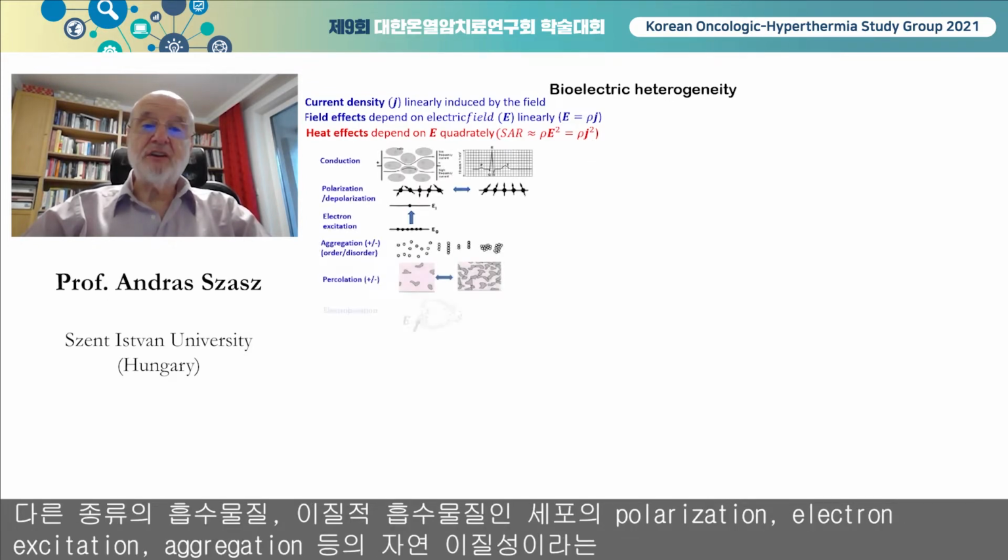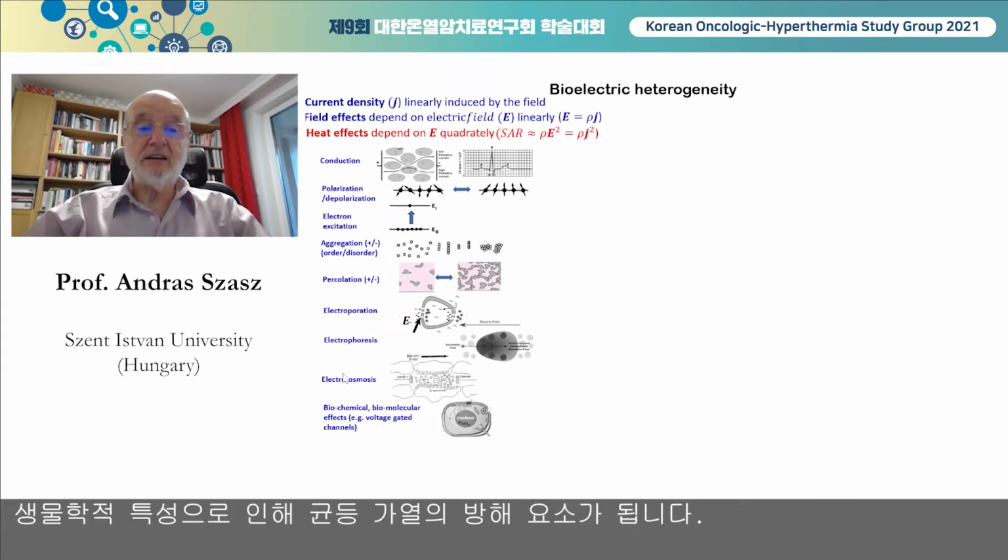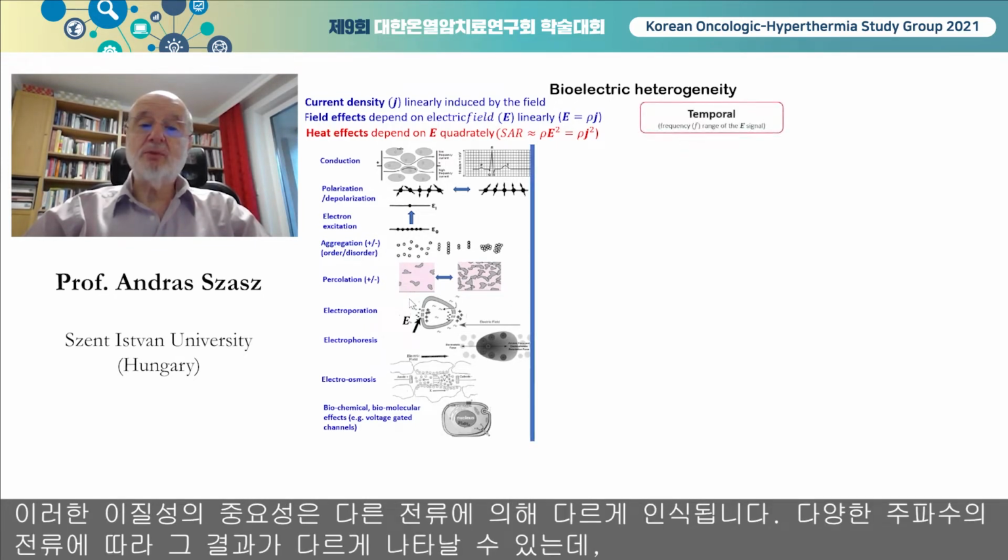The different heterogenic absorbers could do conductive polarization, like electron excitations and so on, aggregations. So these are really natural heterogeneities which exist inside, even if we would like to do homogenic heating. And importantly, this heterogeneity is recognized very differently by different currents.